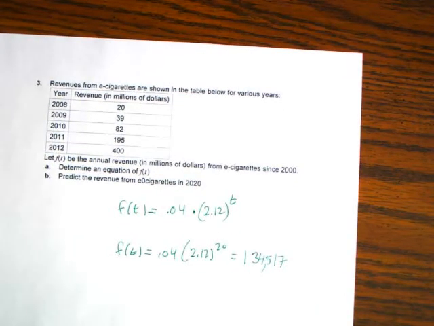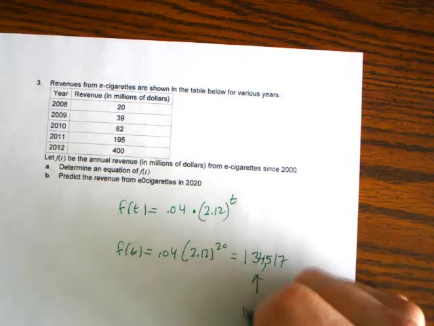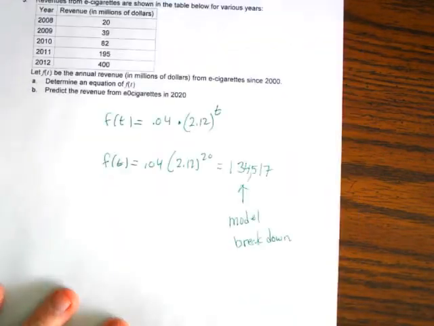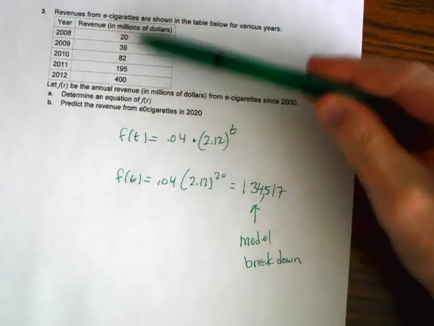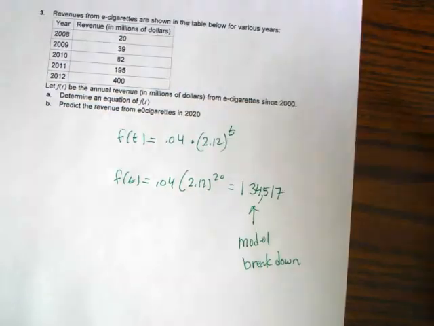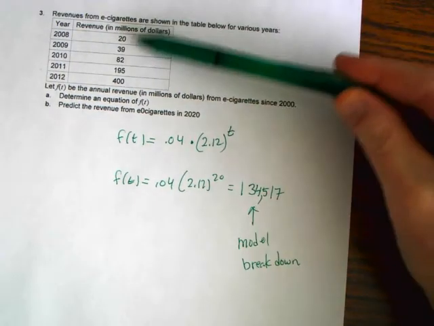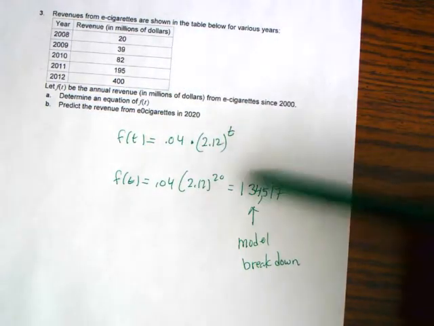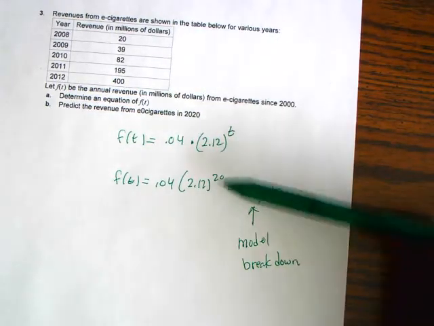So what's happening here, this really is a good example of model breakdown. This data that we have, it looks linear, or I'm sorry, it looks exponential. It can't be exponential for very much longer because there's no way you could get this amount of money in the year 2020.